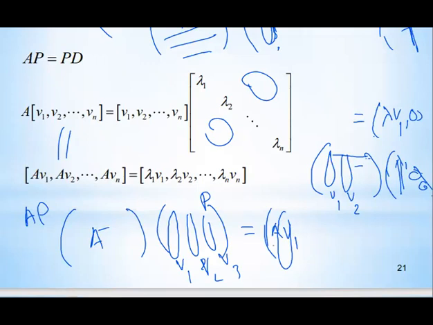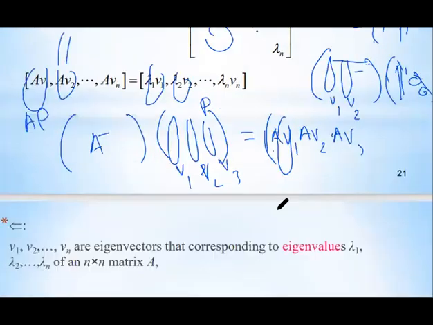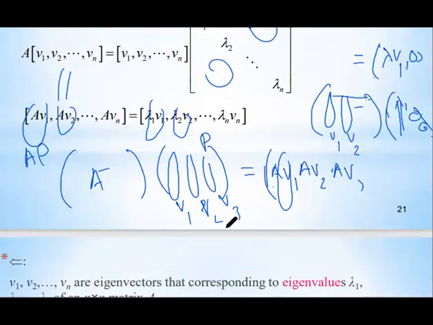The third column is AV3. That's all, right? Okay. All right, then these two matrices are identical. That means this column should be equal to this column, and this column should be equal to the second column.